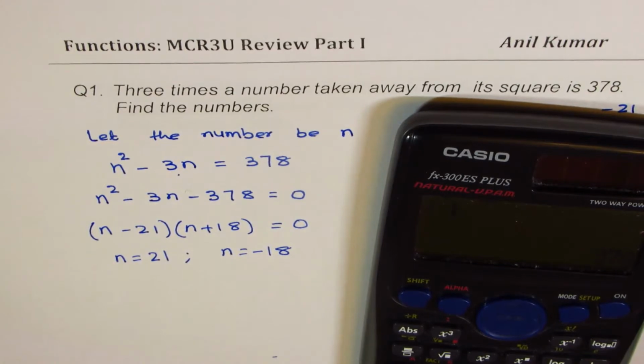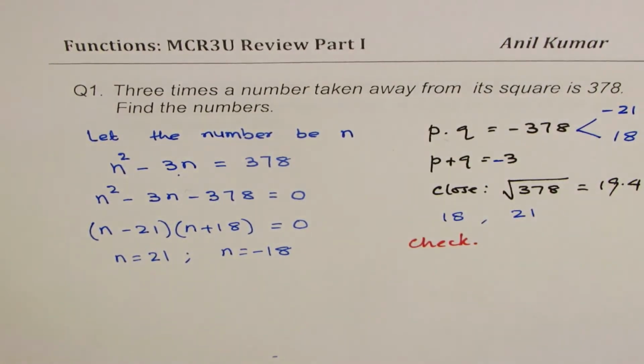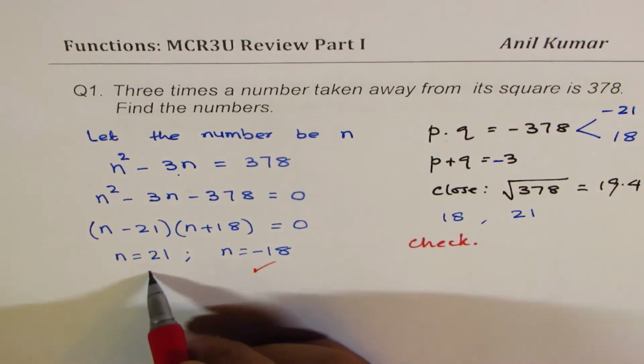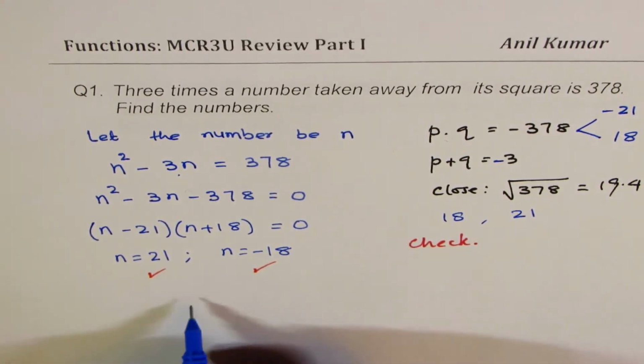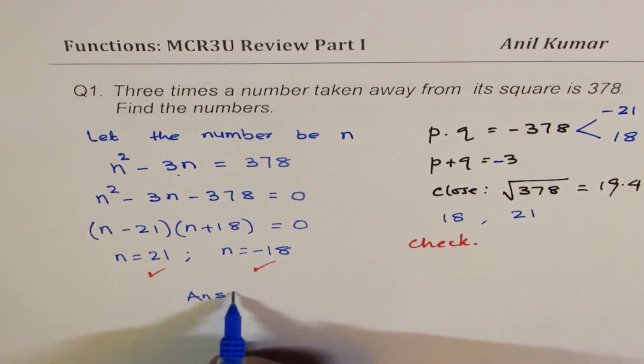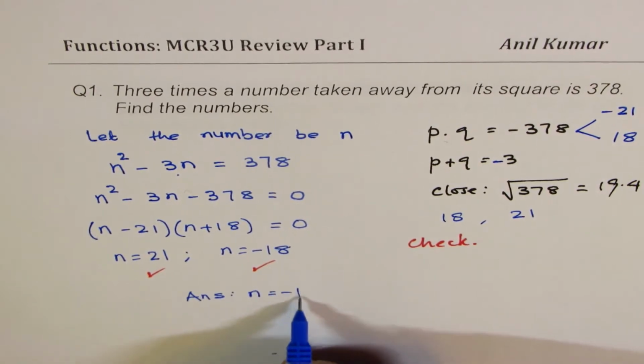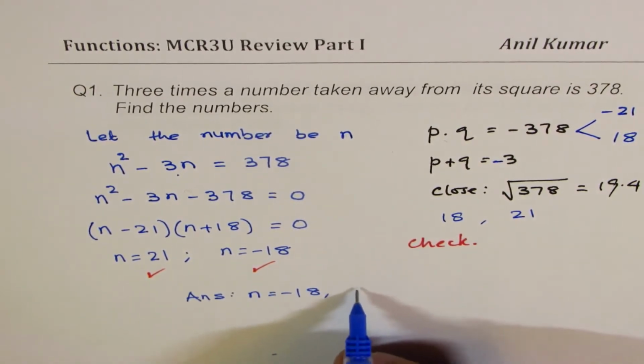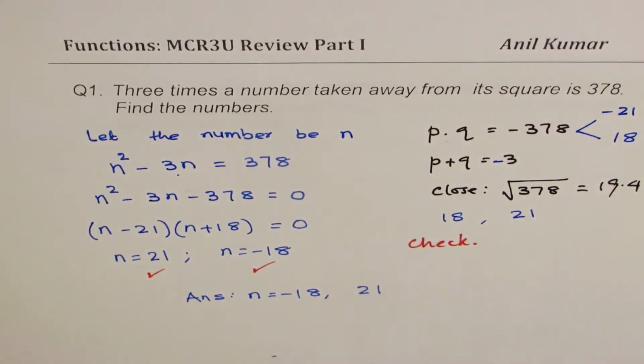Within brackets, minus 18 square minus 3 times within brackets minus 18, and that gives you 378. So both work, and therefore we can write down the answer as the numbers could be minus 18 and 21.